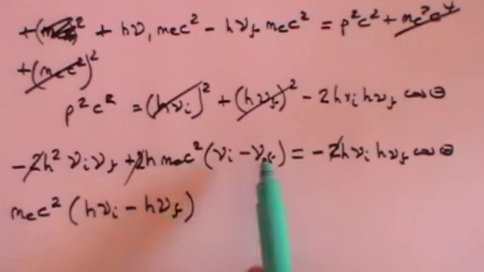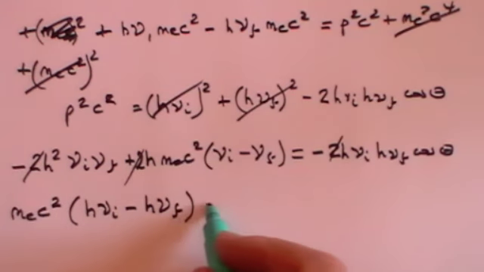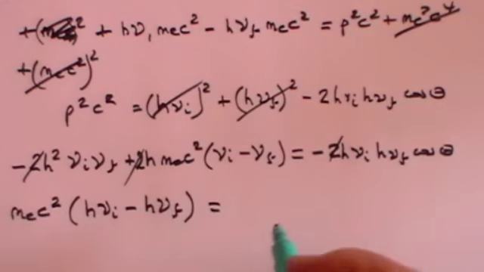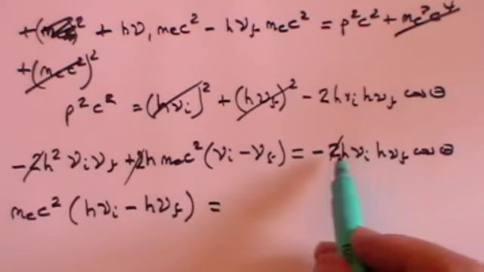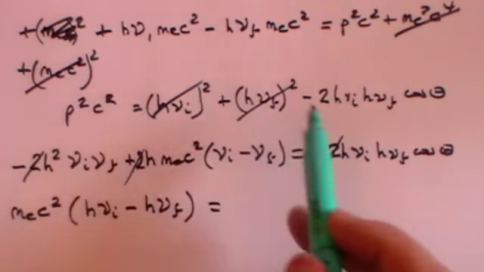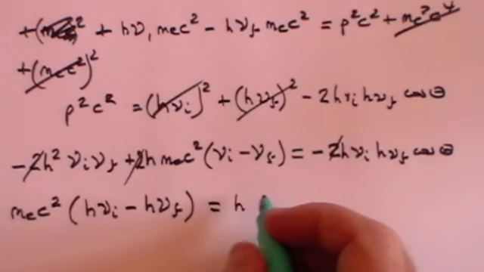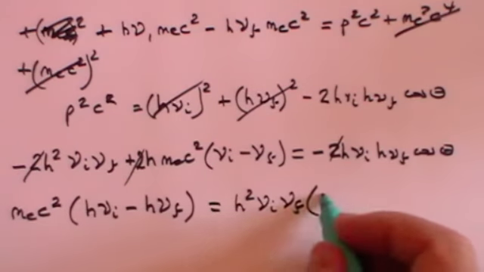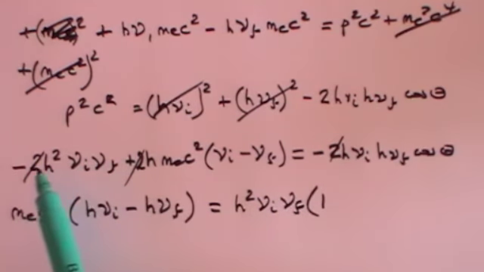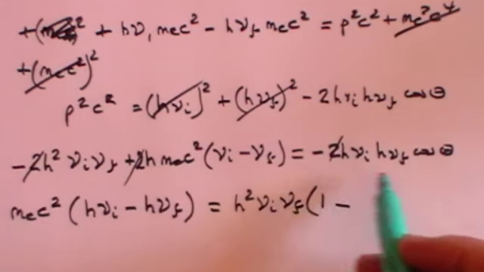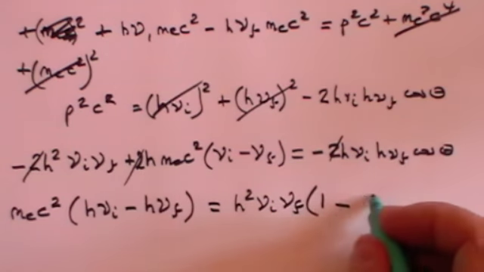That term, just rewritten, is equal to, and I'm now going to take this term over onto the other side, an h squared nu I nu f, because those 2 h's become h squared. So when I take this over to the other side, I'm going to get a plus term, an h squared nu I nu f, and that will be into 1, which is coming from here. It becomes plus 1 because I'm bringing it over to the other side. Minus this term here, which is minus cosine theta.